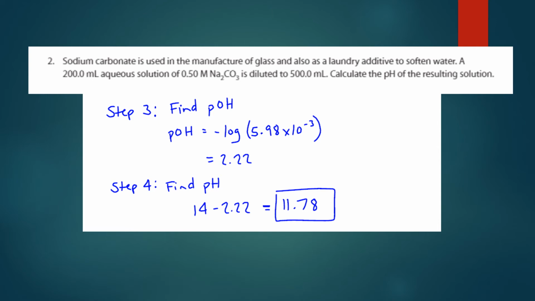So to find the pH, I'm going to take 14 minus 2.22, and I get a final answer of 11.78. So these questions are very, very similar to the weak base or weak acid questions that you were given in chapter 4. The only difference now is having to do that hydrolysis reaction in the first place.